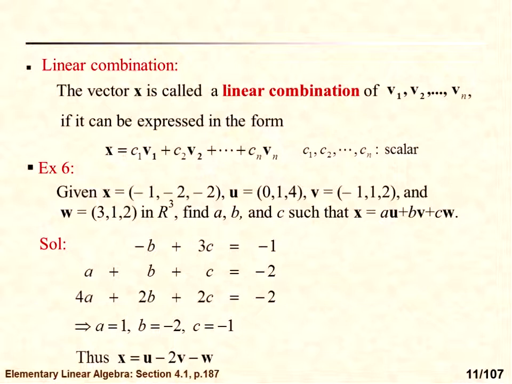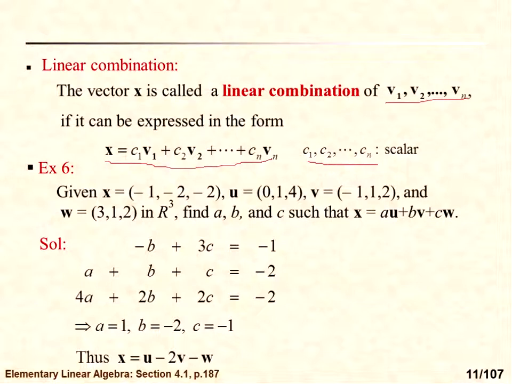And the next thing is linear combination. So what is linear combination? When we are given some vectors v1, v2, vn, and some constants c1, c2, cn, and we multiply the vectors with the constants like this, x is equal to c1 v1 plus c2 v2 plus cn vn, then we call it a linear combination.